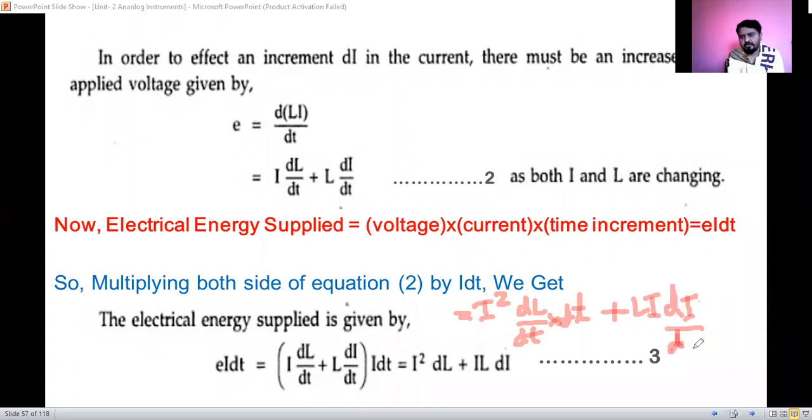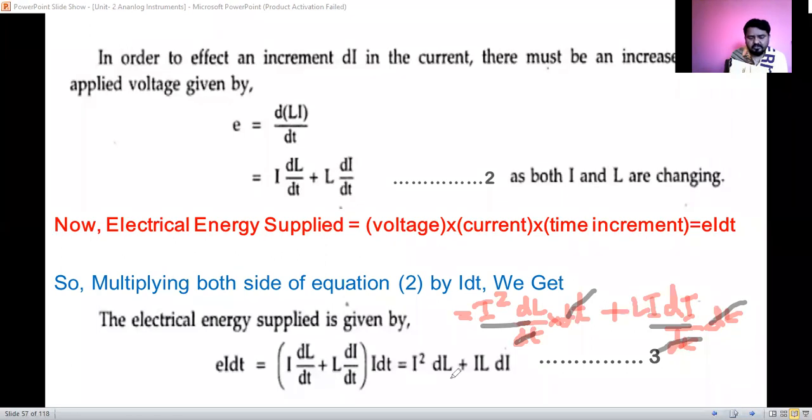Now by checking, here dt gets cancelled, and here also dt gets cancelled. So what term is left? I square dL, and here L I dI. L I or I L, both are the same.